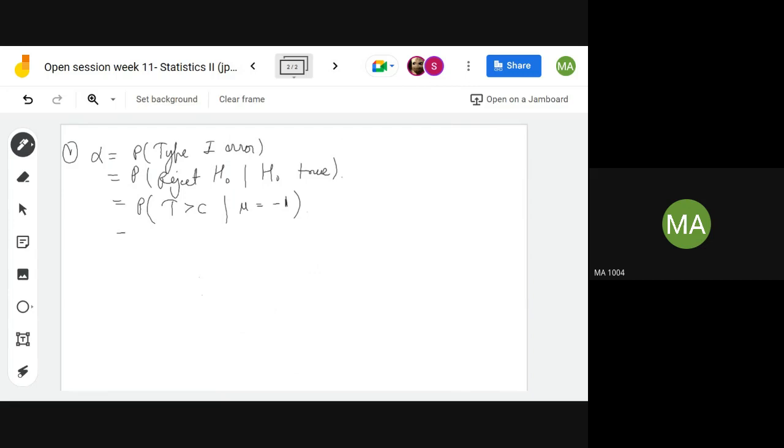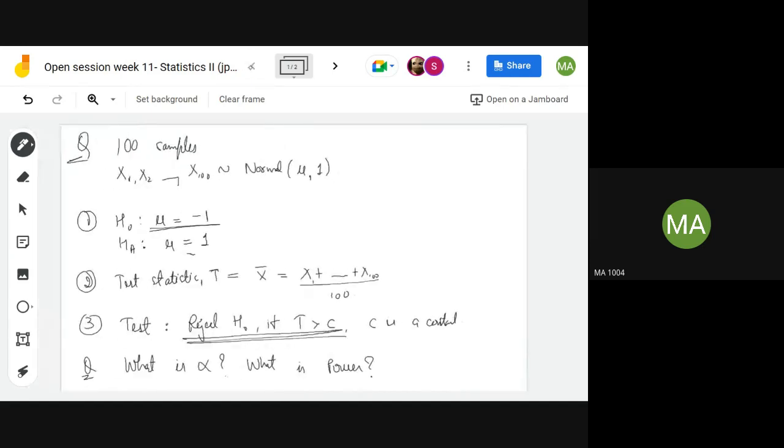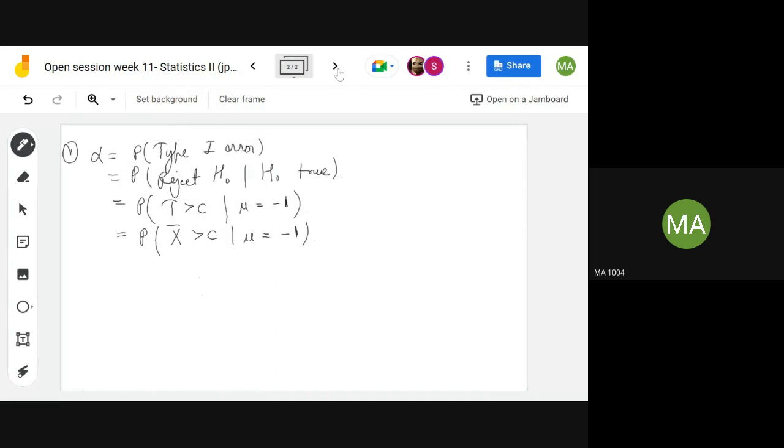And what is this T here? T here is x bar. So x bar greater than C when mu is equal to -1. Now you see that you have a big enough sample size of 100. So using CLT you can convert this to Z form. What will Z become?